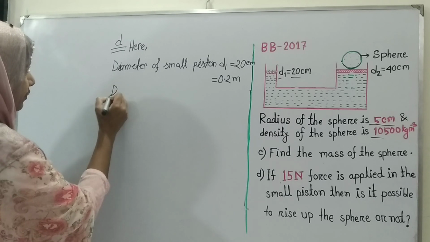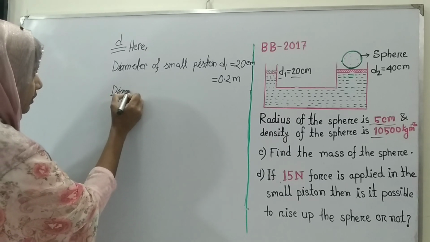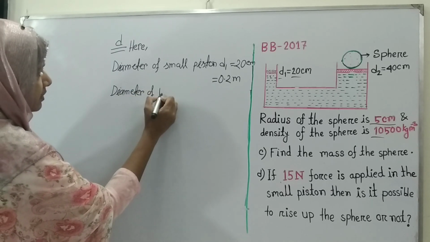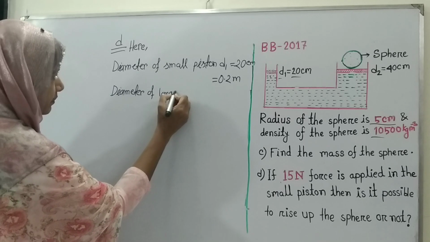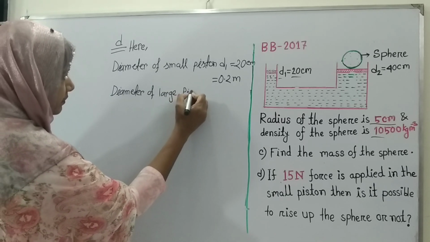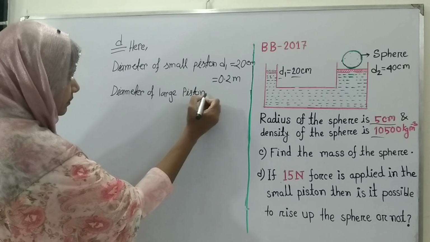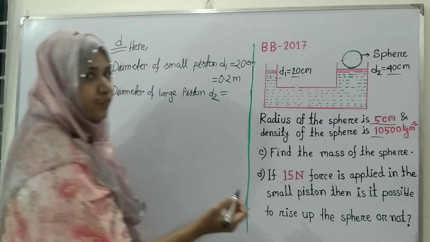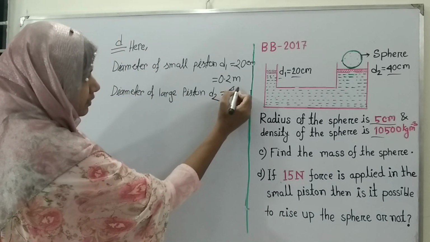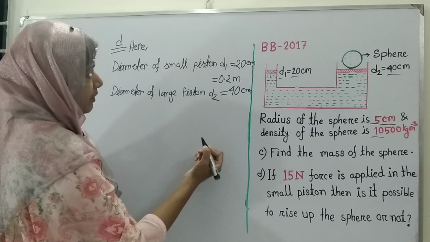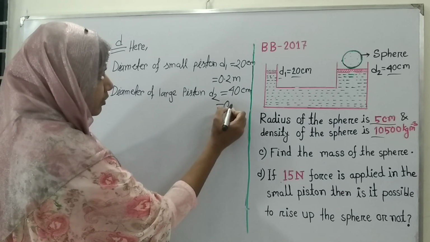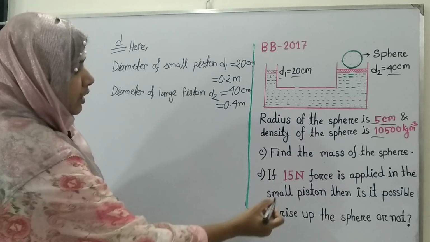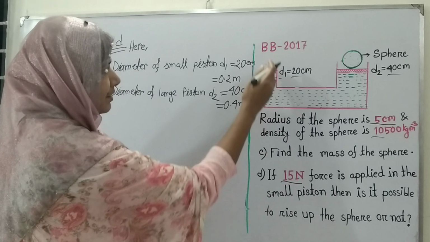Now diameter of large piston D2 equals to, here you can see that 40 centimeter. That means 0.4 meter.